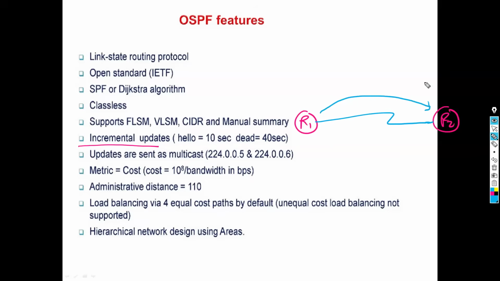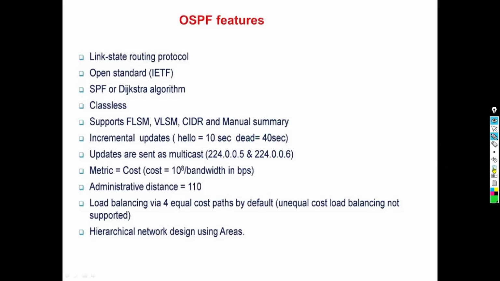Now, when there is a change, for example one network goes down, or one network comes up, then R1 will send this update to R2. So it always sends incremental updates, not periodic updates.